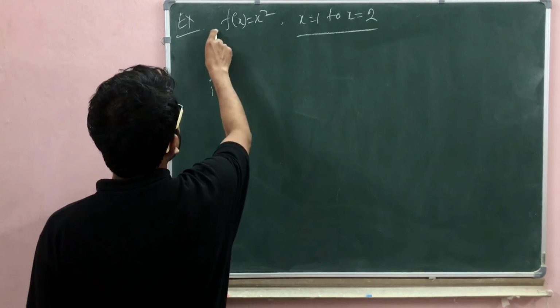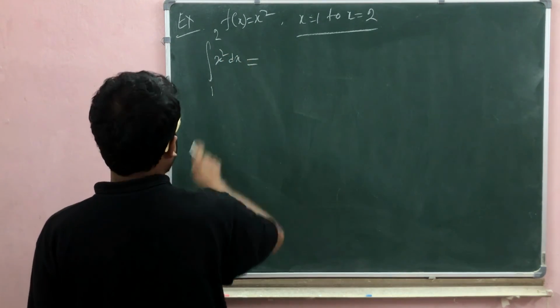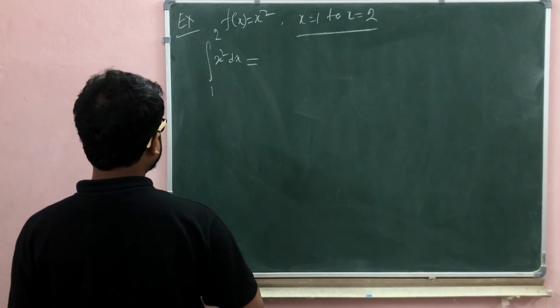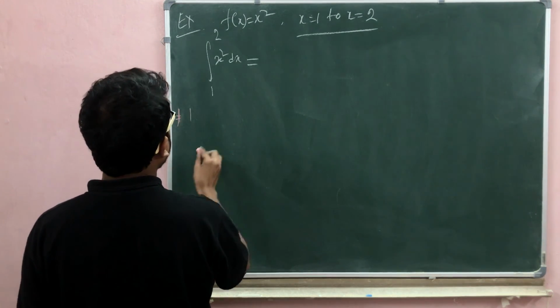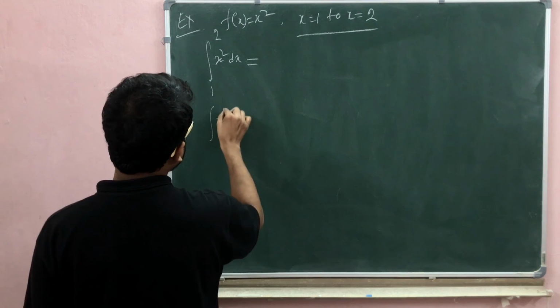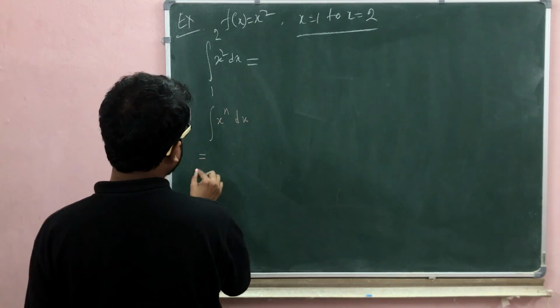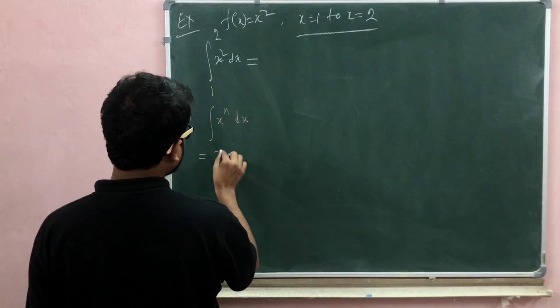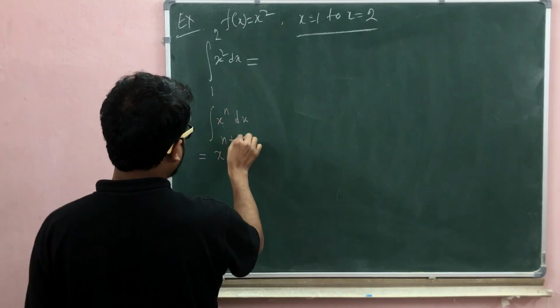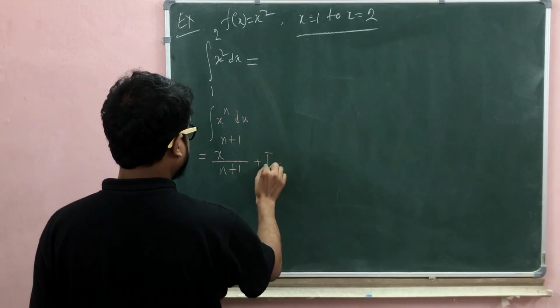The integral from 1 to 2 of x square dx is the definite integral. Using basic integration formula number 1, the integral of x to the power n dx is equal to x to the power n plus 1 by n plus 1, plus some integration constant.